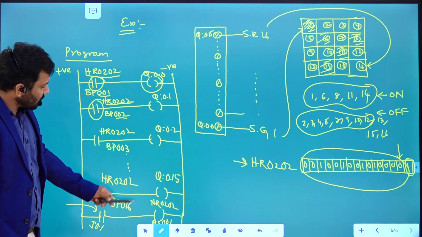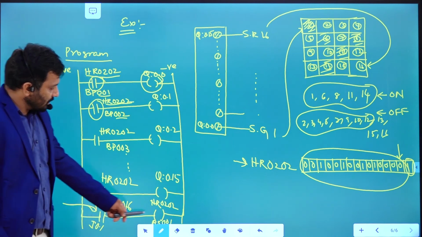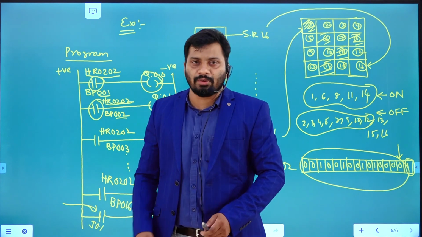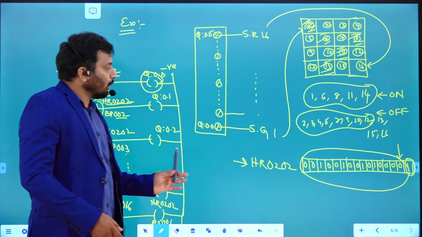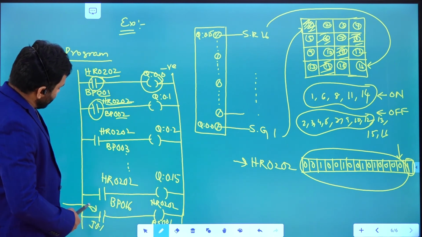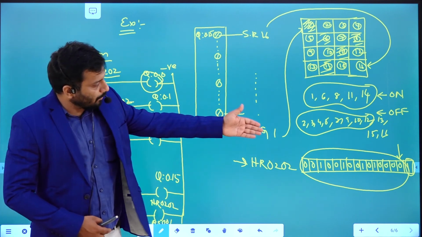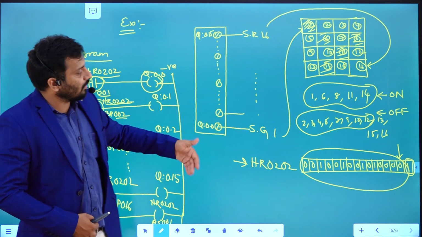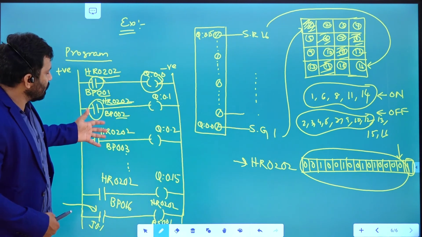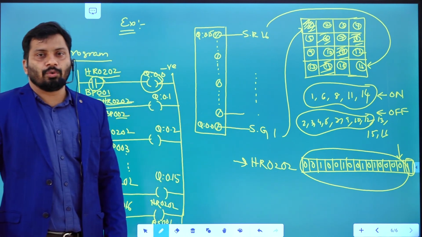By the end of execution of this one scan, if this input is there, this particular bit is going to be set. Like that, you can also manipulate bits after one scan. If there is any input from the particular input switch, you can manipulate the bit, right? In the second scan, that manipulated bit is going to act like an input to this particular input contact. Like that, it's going to control the output devices.